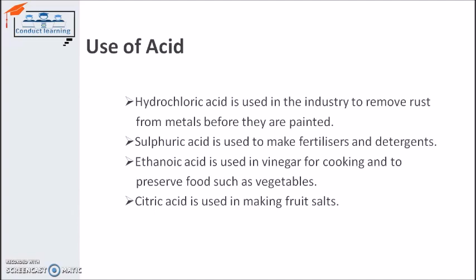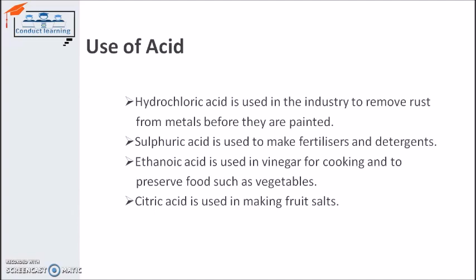First of all, hydrochloric acid. This acid is used in industry to remove rust from metals before they are painted. We have done rusting and corrosion in a previous chapter, because when oxygen reacts with metals or any other food product, they get oxidized.